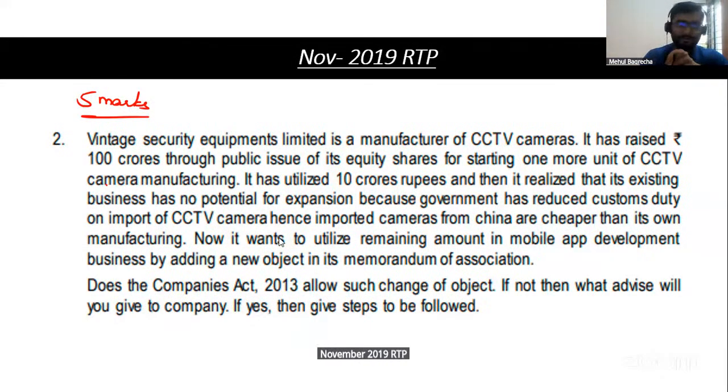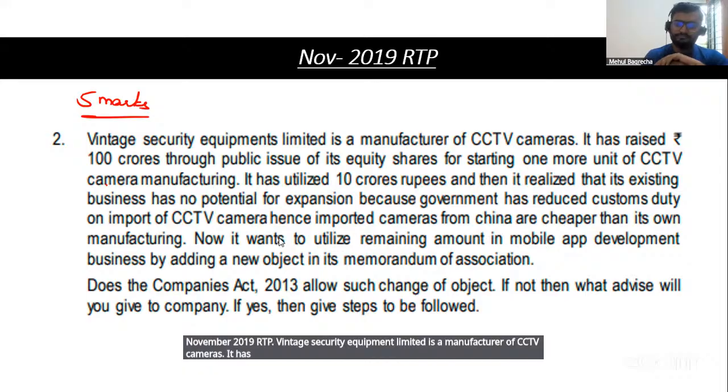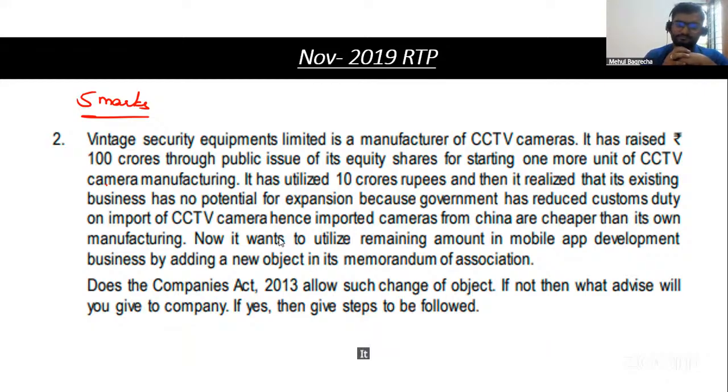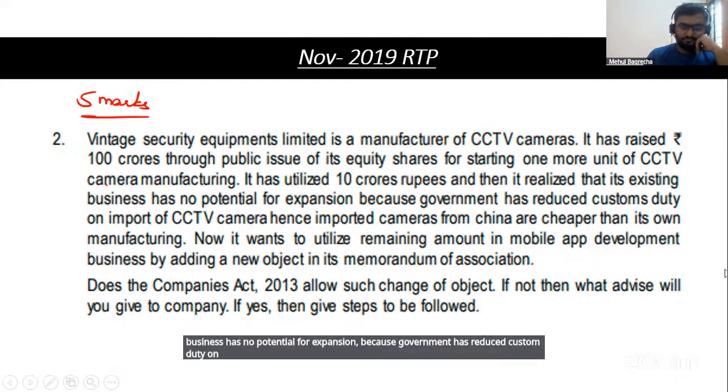Vintage Security Equipments Limited is a manufacturer of CCTV cameras. It has raised rupees 100 crores through public issue of its equity shares for starting one more unit of CCTV camera manufacturing. It has utilized 10 crore rupees and then it realized that its existing business has no potential for expansion because government has reduced custom duty on import of CCTV cameras.